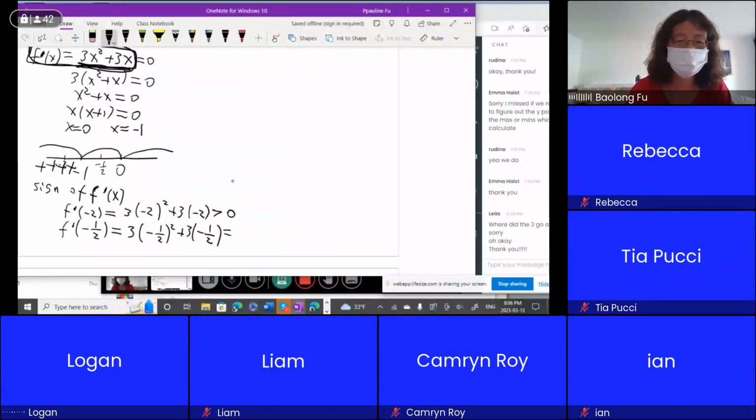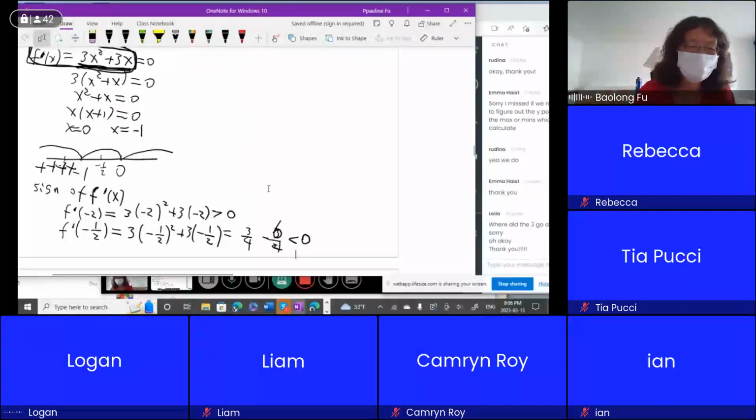The result is 3/4 minus 3/2. 3/2 is the same as 6/4, so this number is negative. The first derivative at x equal to -1/2 is negative, so from -1 to 0, the first derivative is negative.